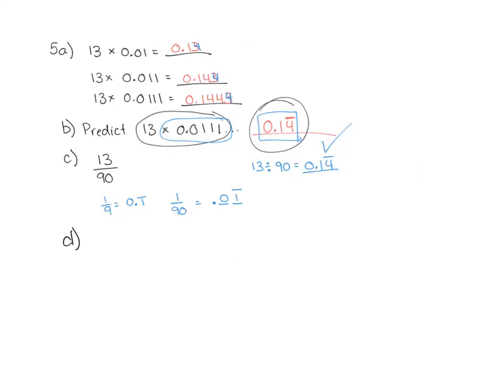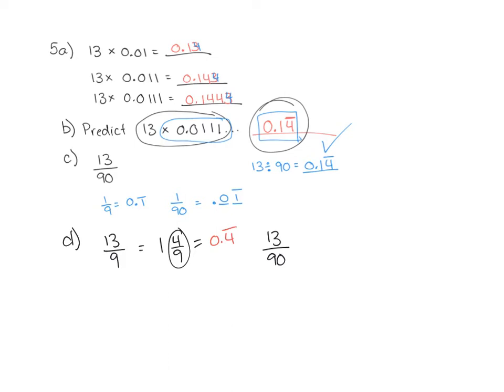For question D, they ask us to use the fact that 13 out of 9 is the same thing as 1 and 4/9 to find 13 out of 90 in a different way. So if we know 1 and 4/9, 4/9 is the same thing as 0.4 repeating.